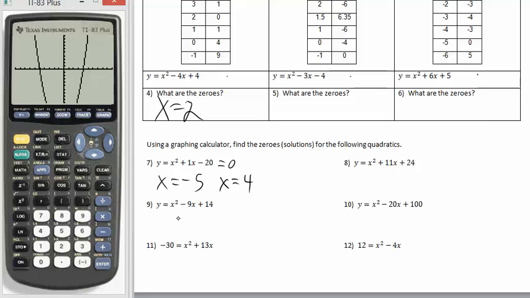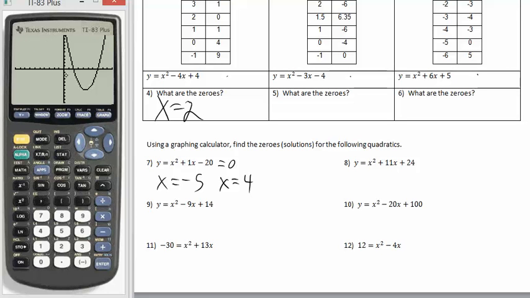All right, so number 9. So we go x squared minus 9x plus 14. And we graph.